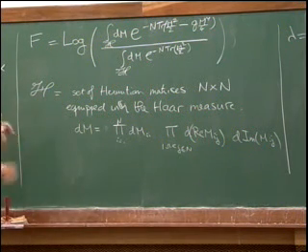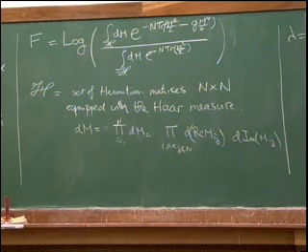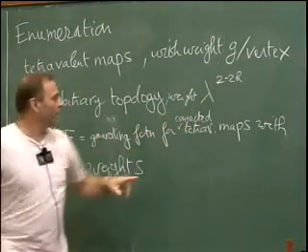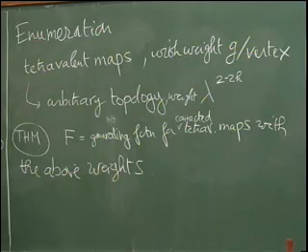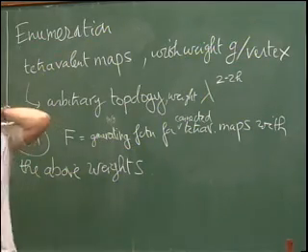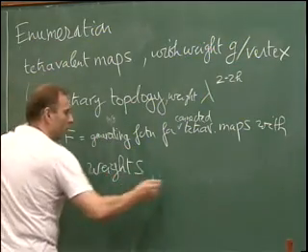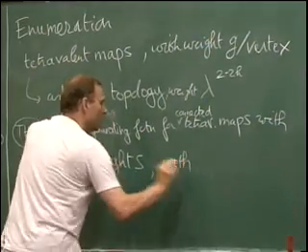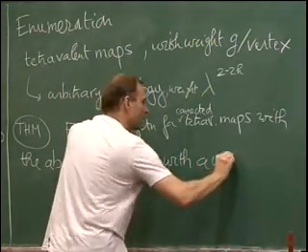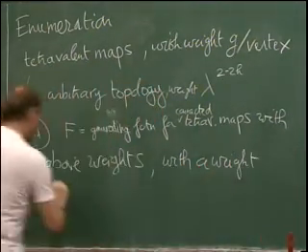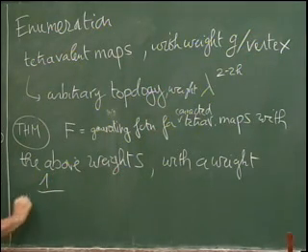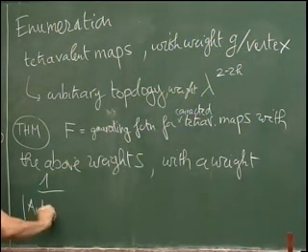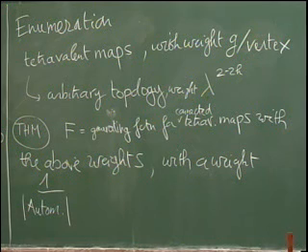And the claim is that this is going to realize the counting of those connected tetravalent maps with the above weights, where lambda is equal to n. And here I forgot to add something very important, which was explained this morning: an extra weight, which is 1 over the order of the automorphism group of the graph.